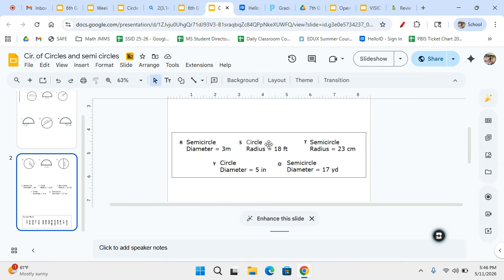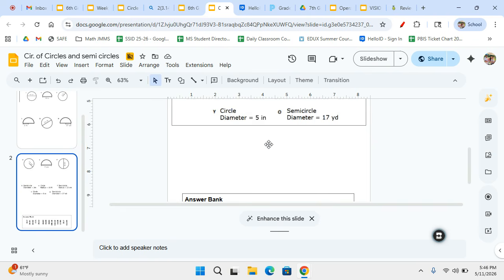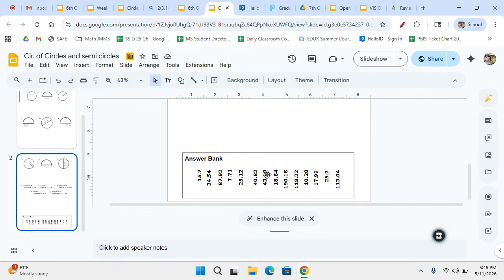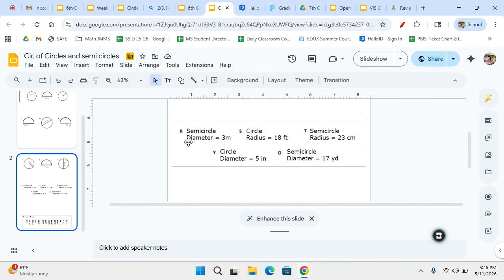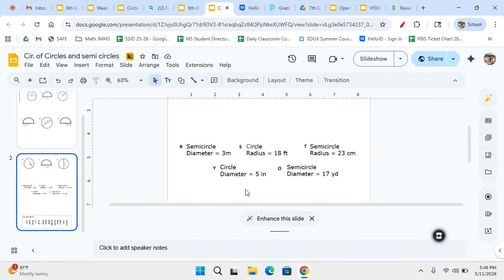This one, it tells you it's a circle, so you're looking at your circumference formulas. And then it tells you that you have a radius of 18. So grab the correct formula, solve for it. Those answers are also located down here in the bank. So don't forget to do these simply because they don't come with a picture. You're still finding the circumference or perimeter of these 5 items as well.